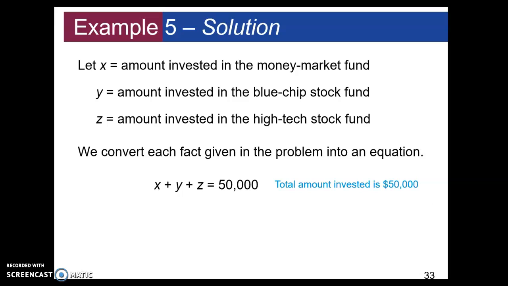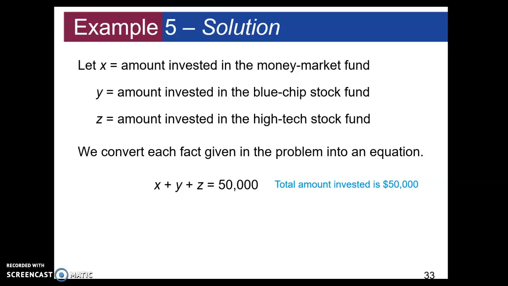We also know the rate of return of each of those investments in terms of a percent, and we'll change those to a decimal. When we multiply each of those investment amounts by the rate of return for each of them, he wants that return on his investment after 1 year to be equal to $4,000.